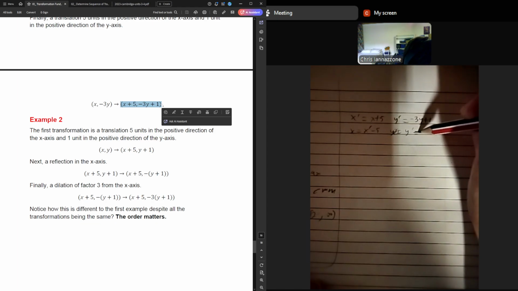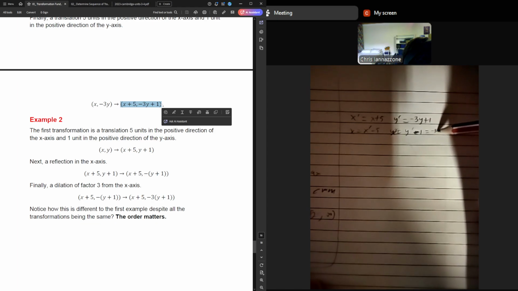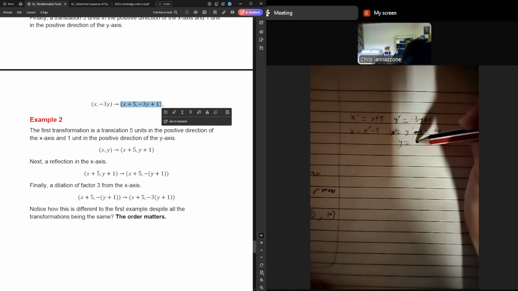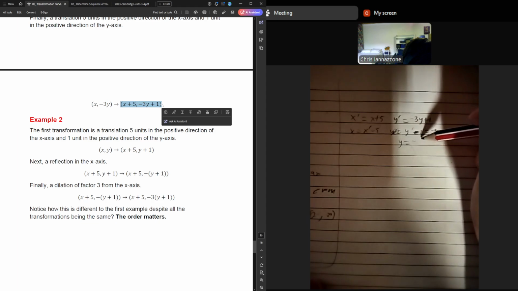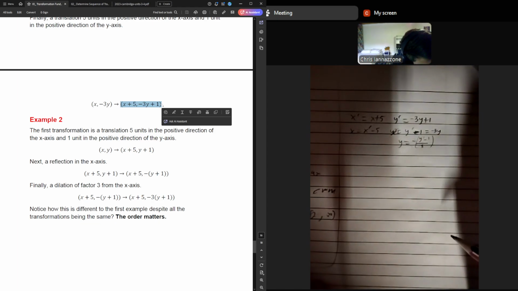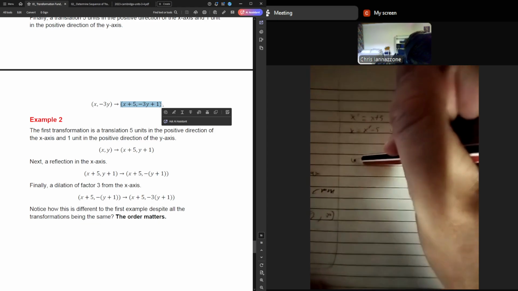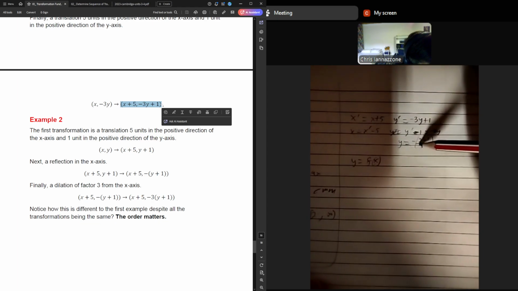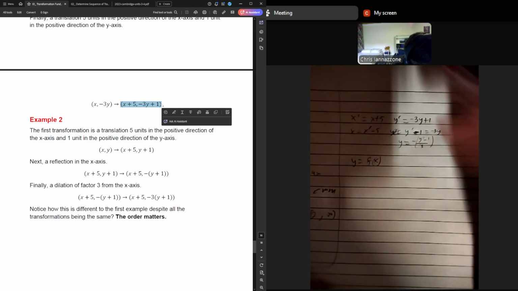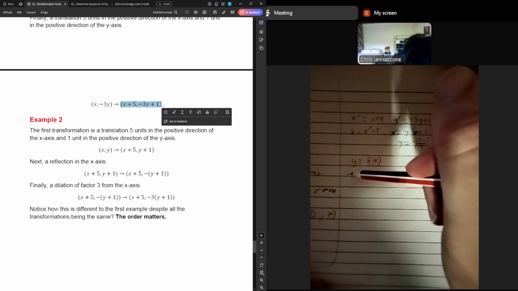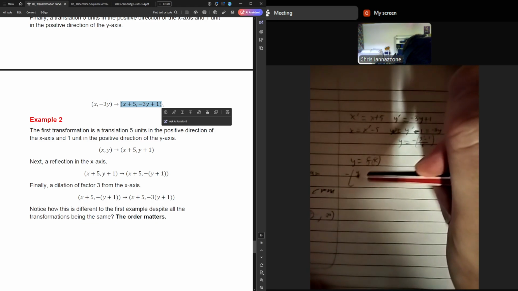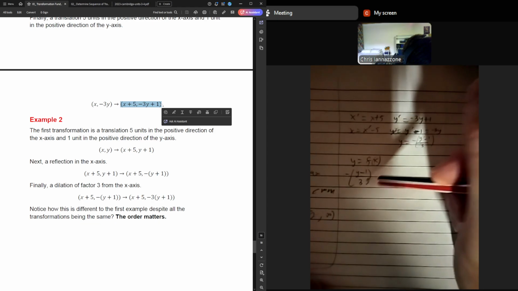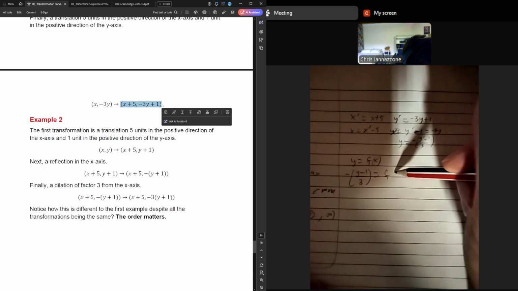Y dash minus 1 equals negative 3y, and then y equals negative y dash take 1 over 3. Then all we're going to do is have some function, whatever that function is, y equals f of x, replace our y with that, and our x with that. So we're going to have negative bracket y take 1 on 3 equals f of x take 5.